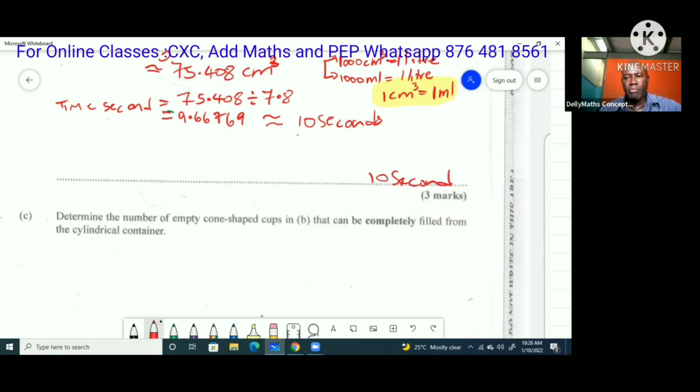The last piece says, determine the number of empty cone-shaped cups that can be completely filled from this cylinder.